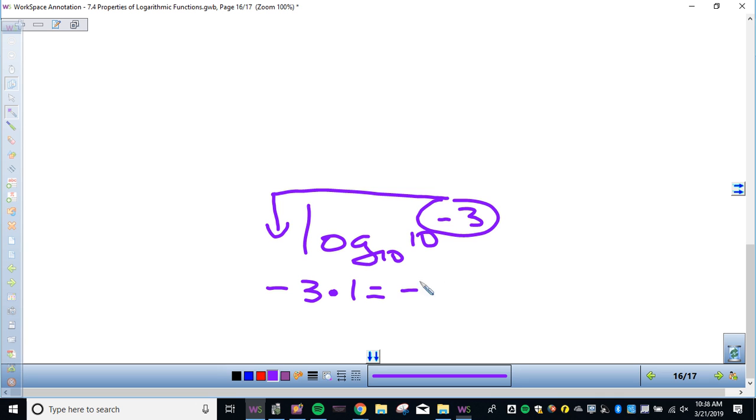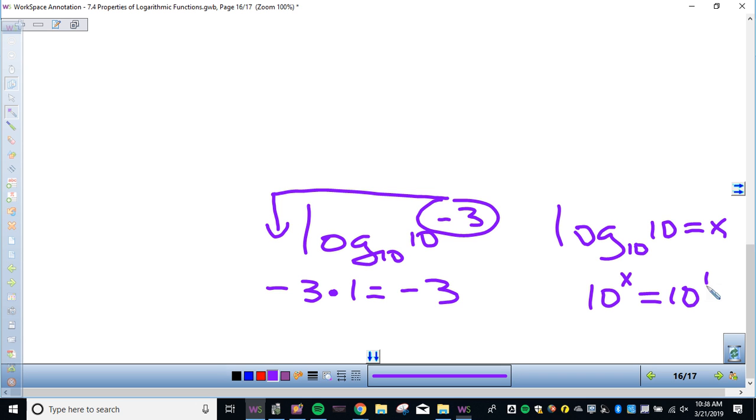So that just equals negative 3. Oh, weird, huh? So log base 10 of 10 equals 1. I'll show you that off to the side because I'm getting some confused looks. Right, I'd write 10 to the x equals 10. So then x has to equal 1. Okay? So if I have log 10 with an exponent, the answer is whatever the exponent is.